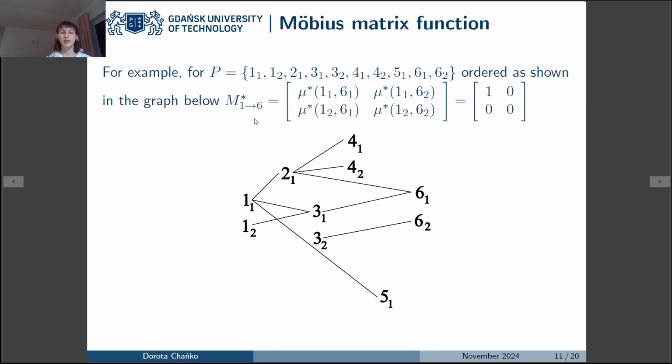And the Mobius matrix function M star 1 arrow 6 looks like this. In the first row, the first coordinate of the generalized Mobius function is 1, 1. In the second row it's 1, 2. In the first column the second coordinate is 6, 1. And in the second column the second coordinate is 6, 2. After all the calculations, such a matrix is equal to 1, 0, 0, 0.